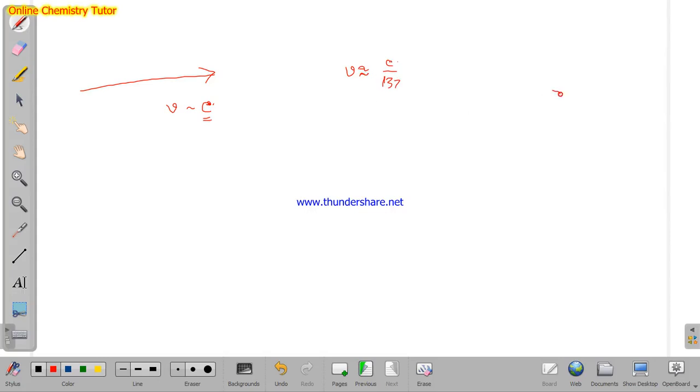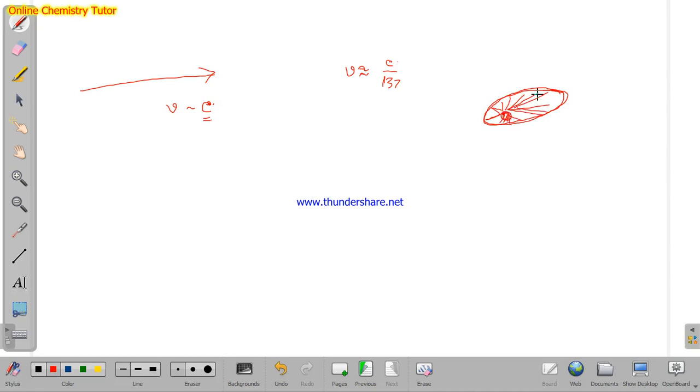And if an electron is moving in an elliptical orbit with the nucleus at the focus, its mass will change due to its high speed. And the distance between the nucleus and electron will also change with time.